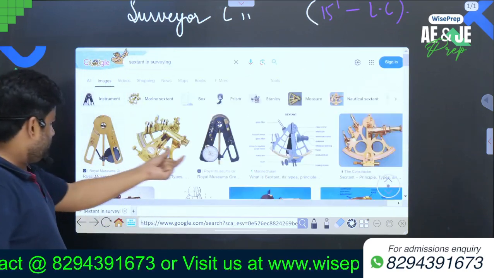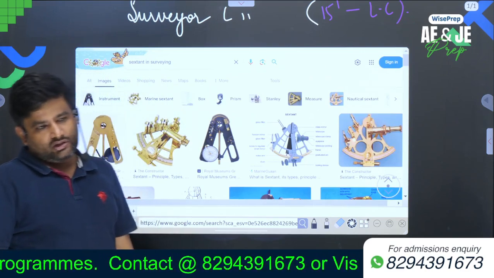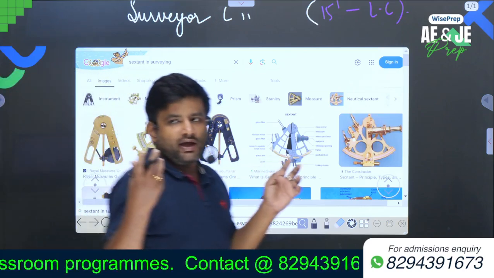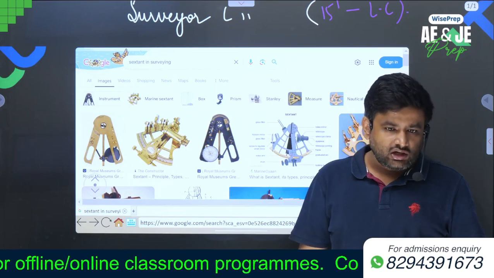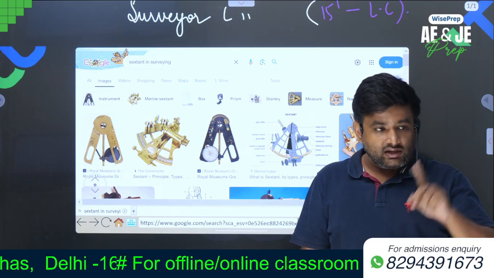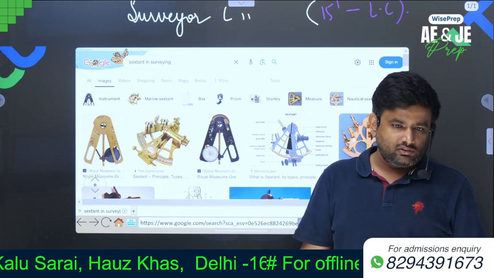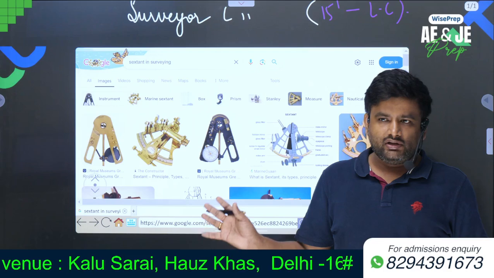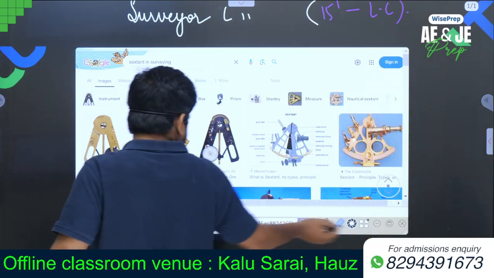This is a sextant. Whenever we need to take altitude in navigation, the sextant is also used. I will give you notes for that in the chapter on some important instruments, so no need to write this down.